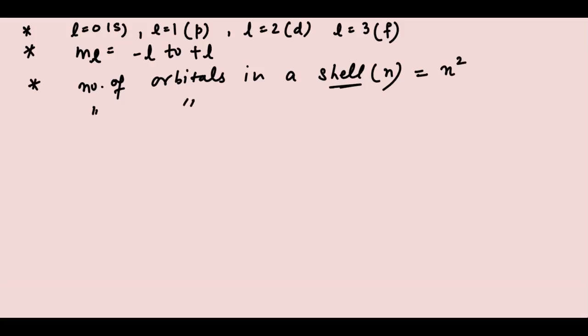Likewise, if you calculate the number of orbitals in a subshell, the symbol of the subshell, you know, is L. So if you want to calculate the number of orbitals from the subshell, you have to use the value of L. The complete range of L values is minus L to plus L. I give you one example.